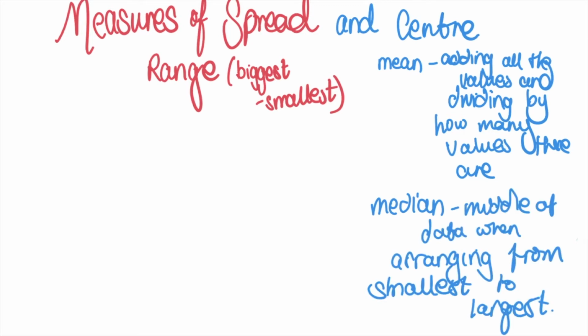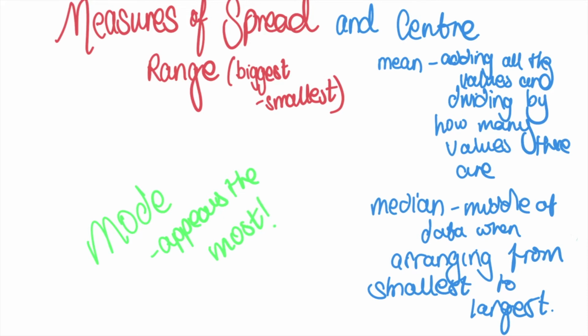So the main aim of today's lesson is to calculate the range, mean, median, and mode of different data sets. And remember, the mode is the one that appears the most.